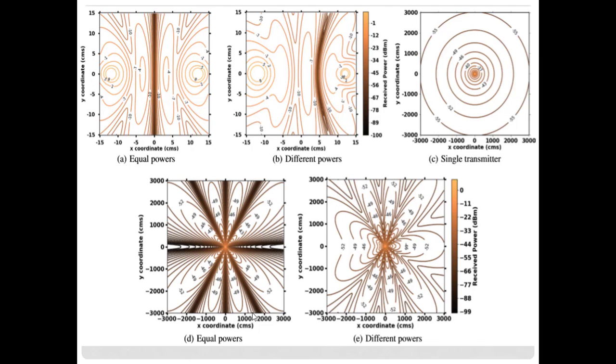So you can ask one question: while antenna cancellation can reduce self-interference from a node's own transmitter, how does this affect the received signal at nodes other than the transmitter?